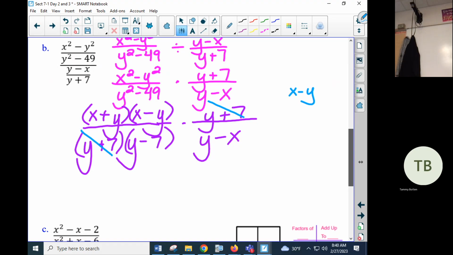when you have x minus y and y minus x, you remember this from last week? When they're connected by a minus, you can change one of them to look like the other by just putting a minus 1 in front of it. Okay, so you can flip those and put a minus 1 in front of it, but it's only if it's negative.